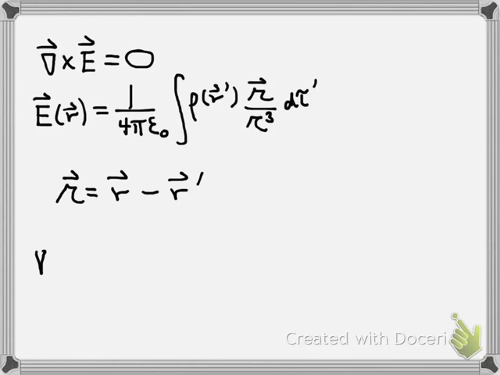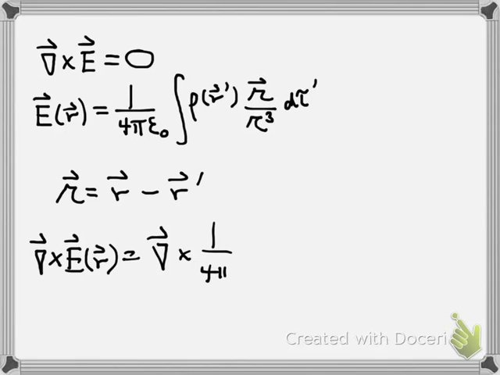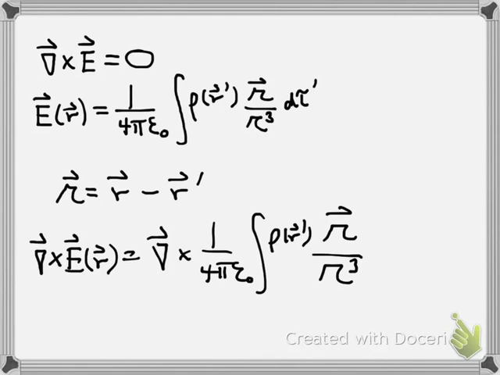So that means that we can write the curl of E of R is equal to the curl of the constant times the integral of rho of R prime, script R over script R cubed d tau prime.